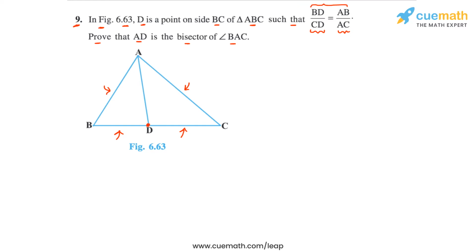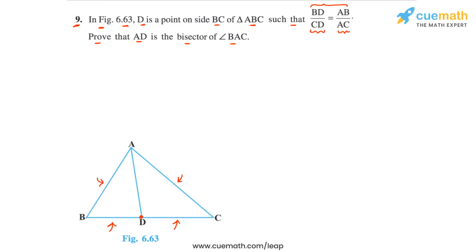So to do that construction, I'm going to move this figure down here to make some space, and we are going to do a construction that's somewhat similar to what we did for the angle bisector theorem. So we are going to extend the side BA, like this.